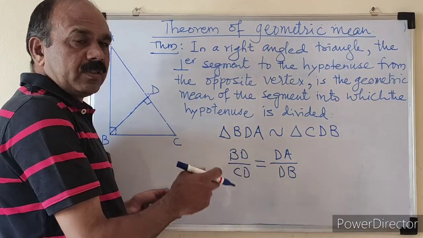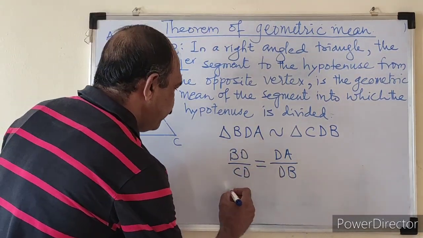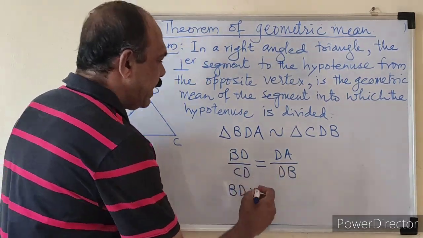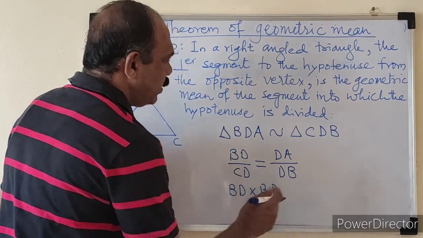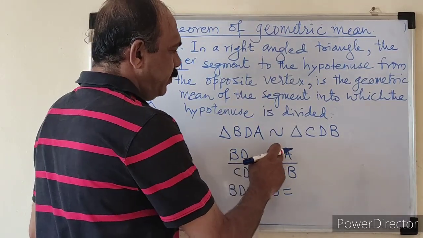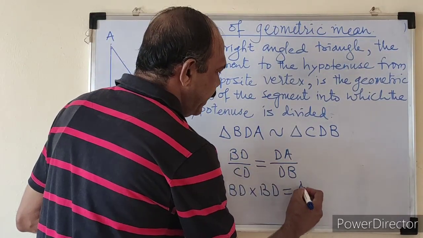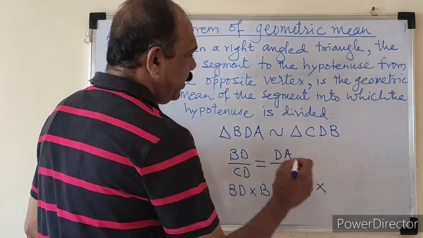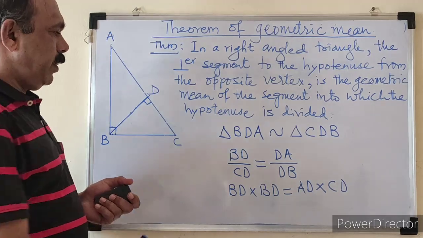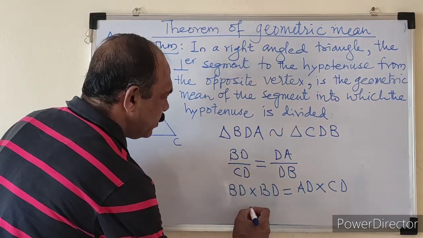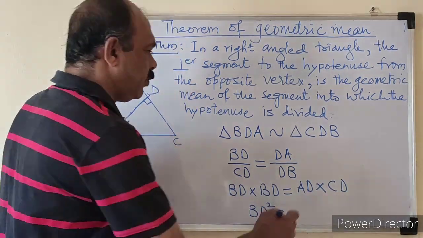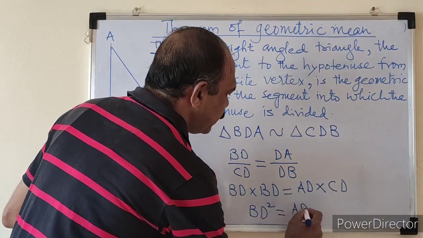Now take the cross product, that is BD into DB. This DB we can write as BD, is equal to CD into DA. So DA I will write as AD into CD. Now BD into BD, that is BD square, is equal to AD into CD.